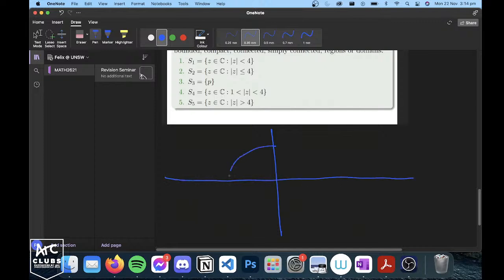Where you would have 4i, minus 4i, and minus 4 here, where this is real z, and this would be imaginary z. And I need to make this dotted.